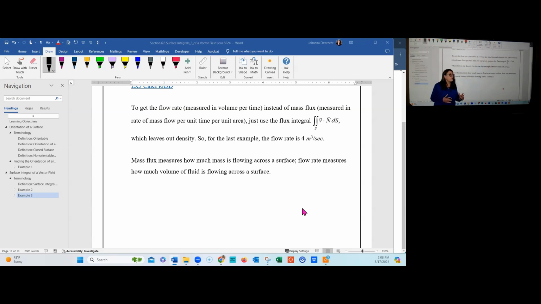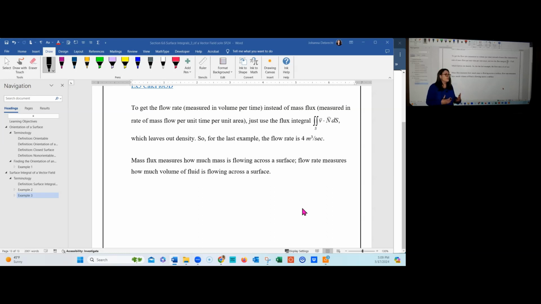To get volume per unit of time, I leave out the density function, and I simply include the flux integral of v dot a unit normal vector on the surface integral. In that case, I would take out the 100 kilograms per meter cubed, and I would get 4 meters cubed per second. That would be the flow rate of the vector field across the surface, the volume of flow per unit of time.